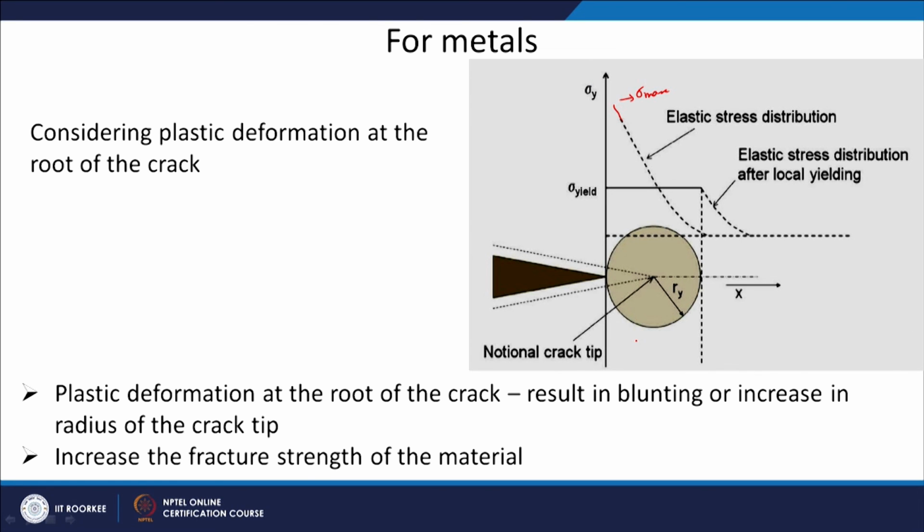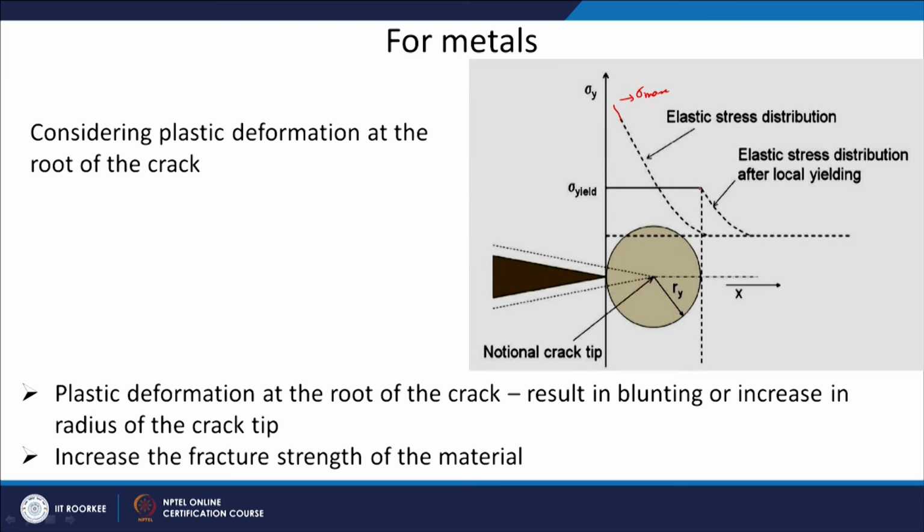But in metals where there is some plastic deformation, suppose this is the yield stress of the material. As soon as the stress locally goes beyond that, instead of straining the bonds, there will be shearing of bonds, basically shearing of the planes. So, the material will shear.